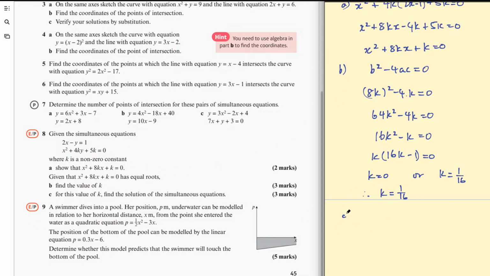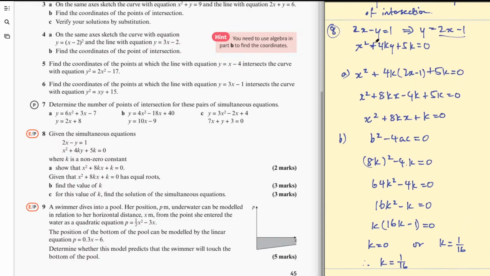And then for C, it says, for this value of k, find the solution of the simultaneous equations. Going back to the original equations, remember we had a k in that quadratic, so we plug that in.